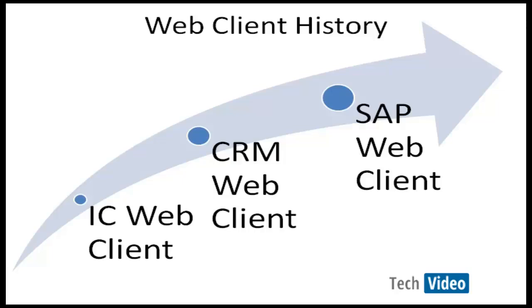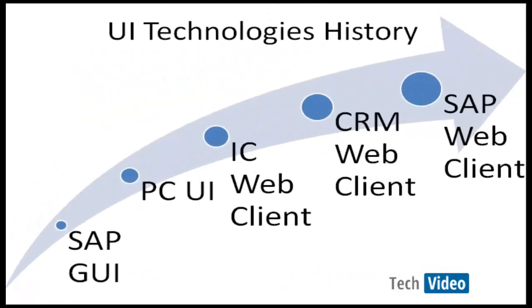As we are already talking about the history of SAP user interface technologies: when SAP started with the CRM product, the user interface technology used was SAP GUI, the SAP graphical user interface. Then they came up with PCUI, the people centric user interface, in the 4.0 version, and then the web client in 5.0, also known as IC web client.